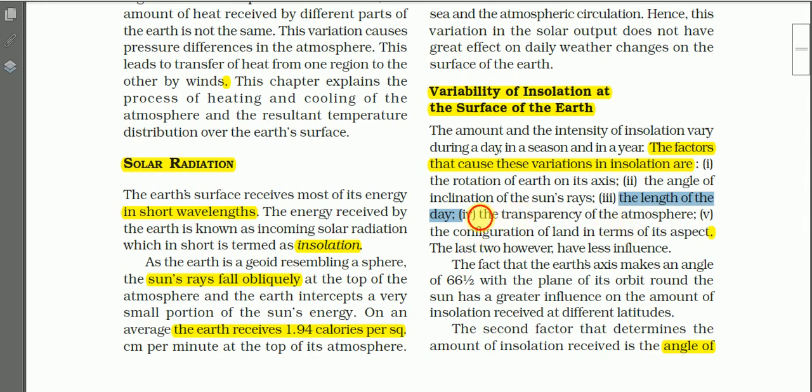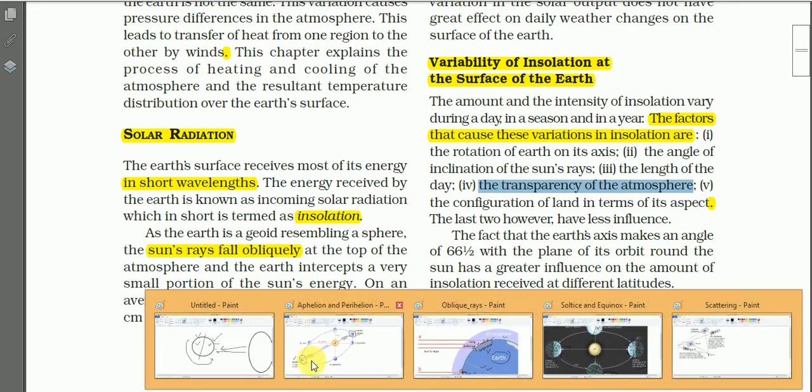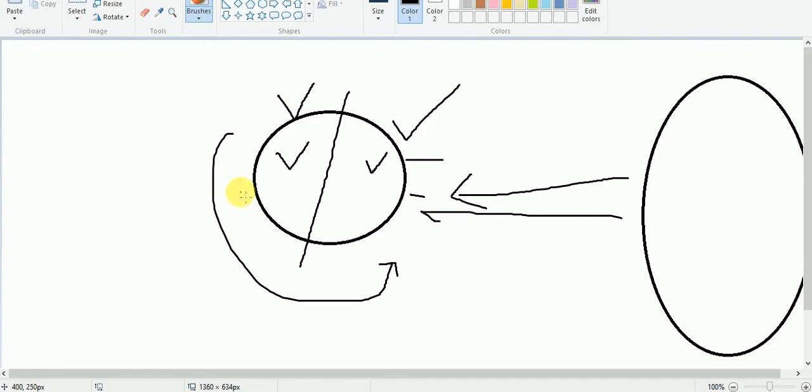And the fourth one, we have transparency of the atmosphere. When the atmosphere is very clean, then we will get bright sunshine. And when we have a lot of dust particles and smoke particles, then we get a lesser amount of insolation.